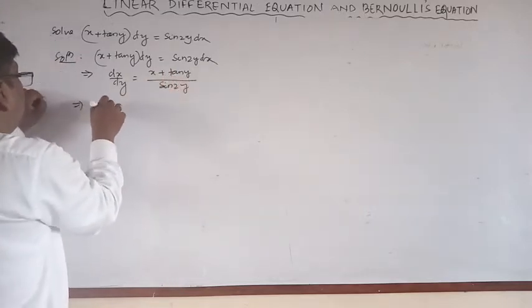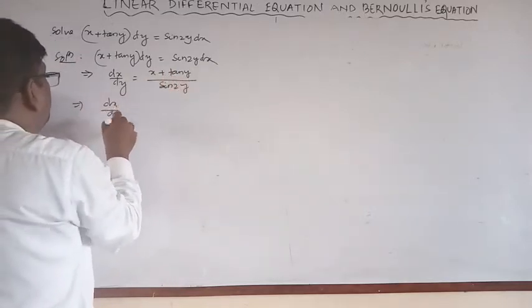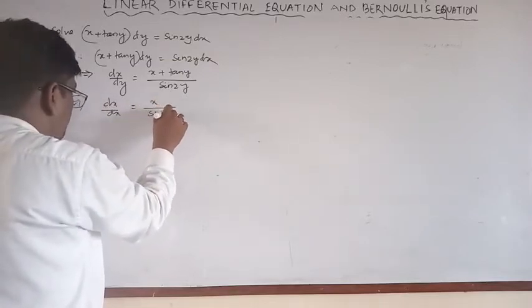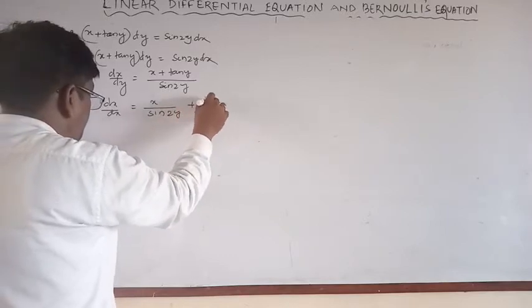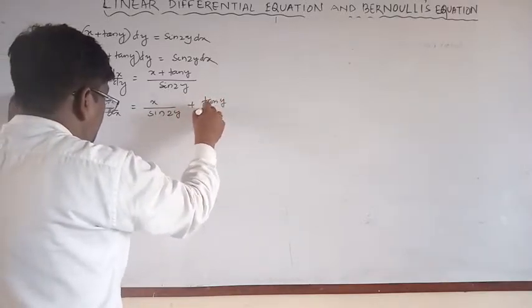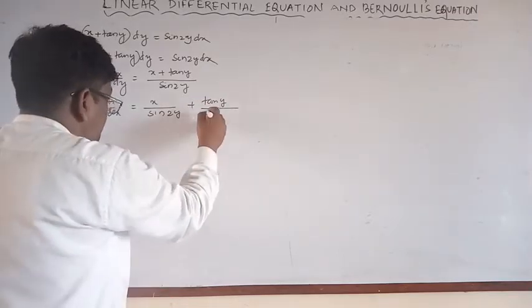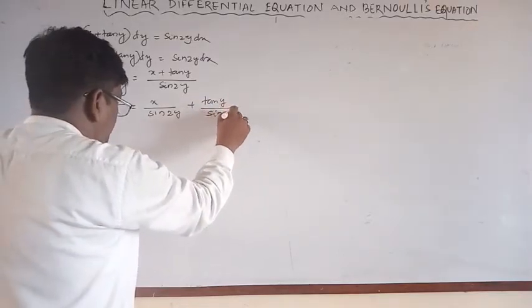Now this is dx/dy equals x/sin 2y plus tan y/sin 2y.